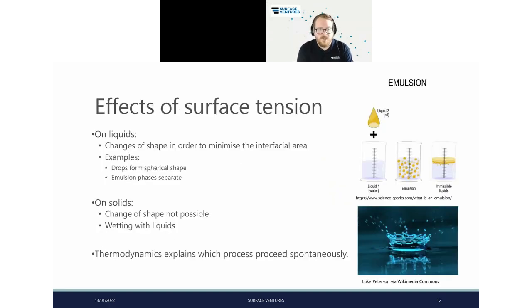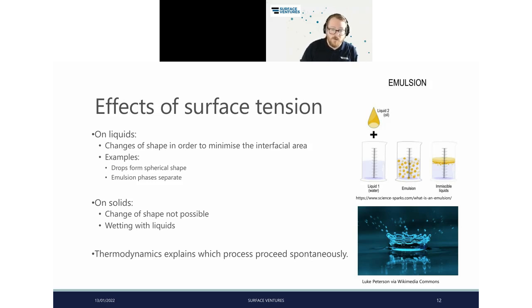So talking about the effects of surface tension on liquids. This would cause a change of shape to minimize the interfacial area. As I said, thermodynamically, all systems want to minimize their interfacial area. So with this, what do we see? We see droplets form a spherical shape when they're not interacting directly with another solid phase.